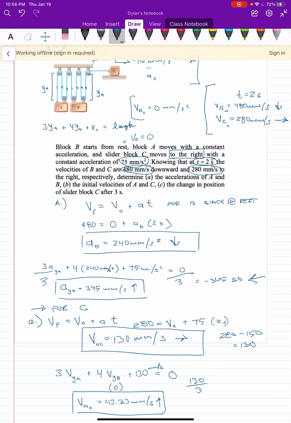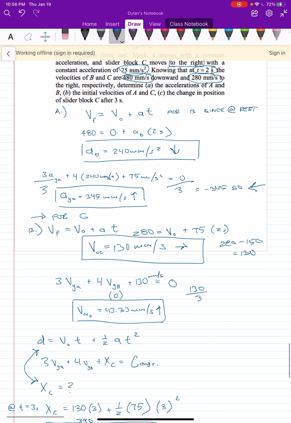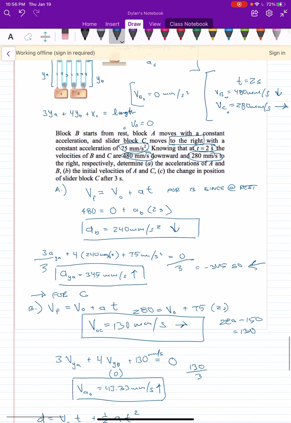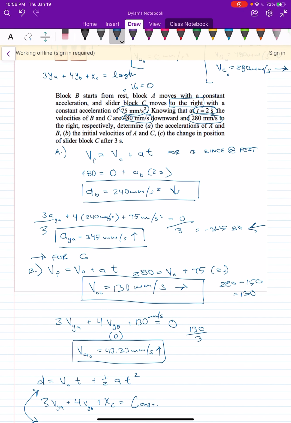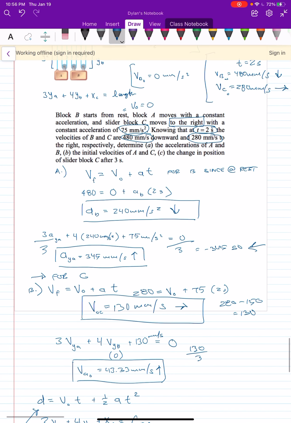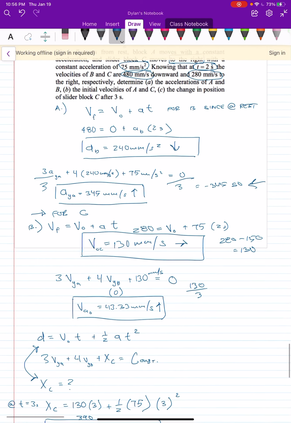Basically just solved for A in that, and it gave me the acceleration of block B. Then I was able to plug that back in because it gave me all of the initial velocities for block B and C, but I did not know that for A. So I plugged that in to the second equation and got my unknown acceleration.